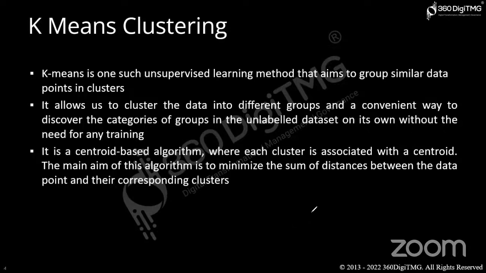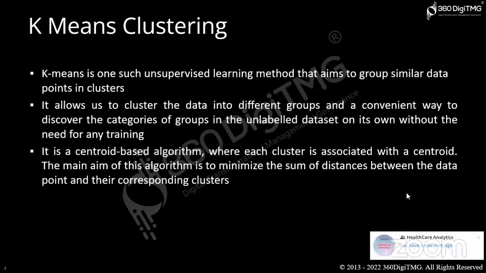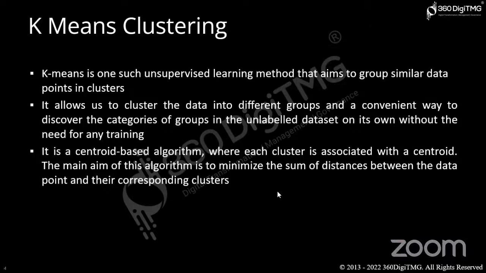That is when k is equal to 2. What happens when you have k equal to 3? Whenever you pass k equal to 3, it will take 3 centroids, and the same process begins.